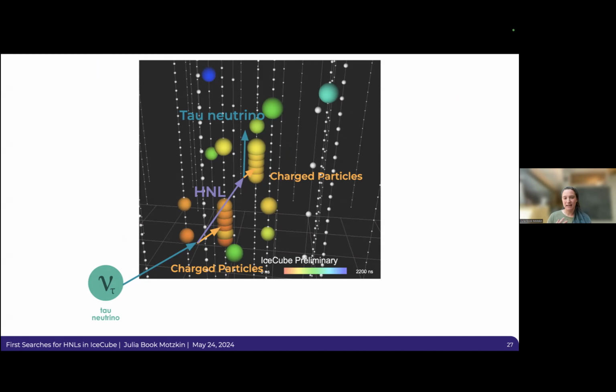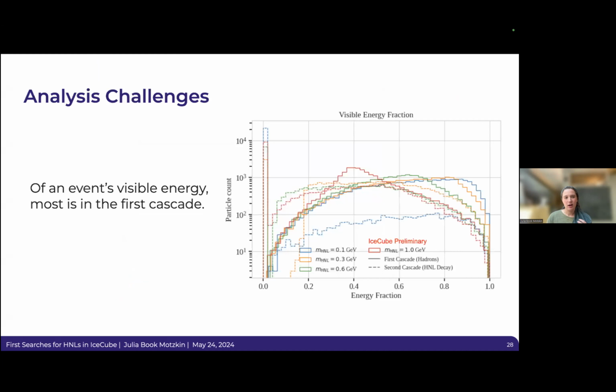Unfortunately, in data, this is not actually what it looks like. And part of this is because when the HNL decays, one of the dominant decay modes is to 3 neutrinos, which is completely invisible. And so this plot here shows the fraction of energy in the event which converts to visible photons.